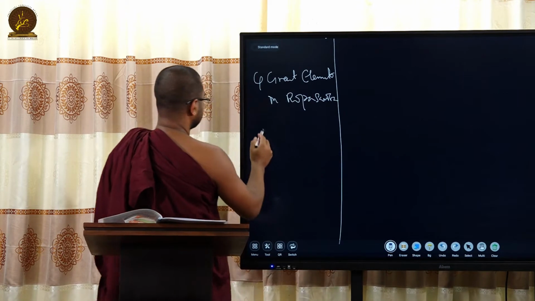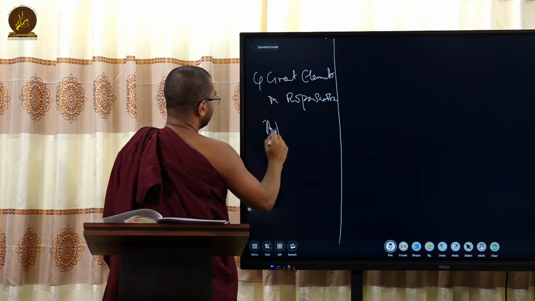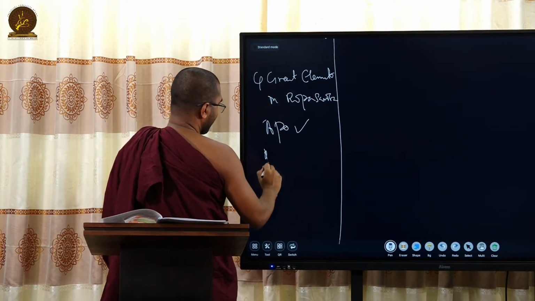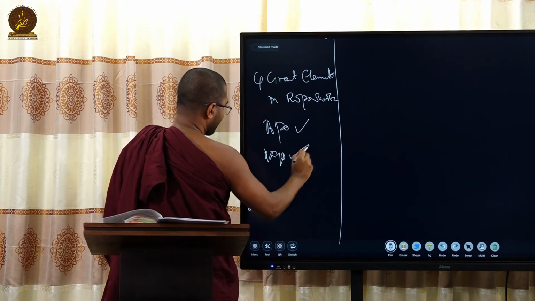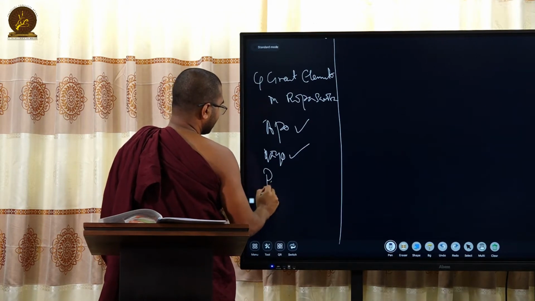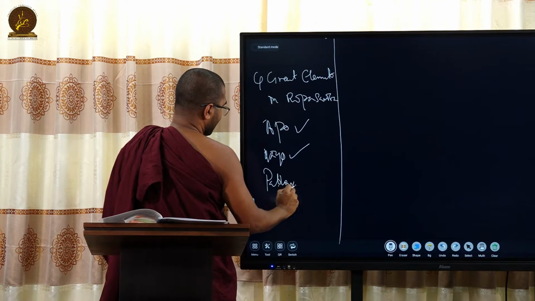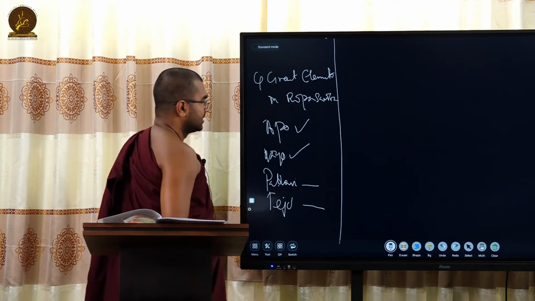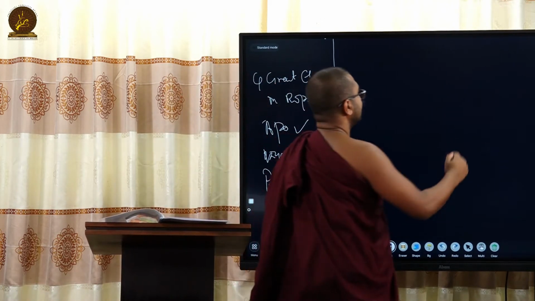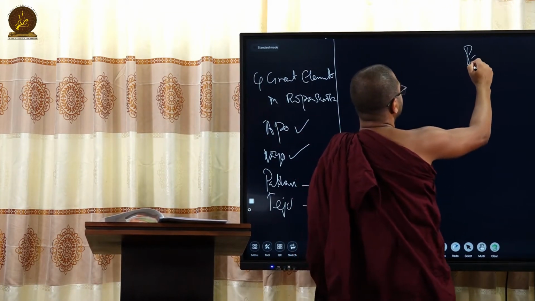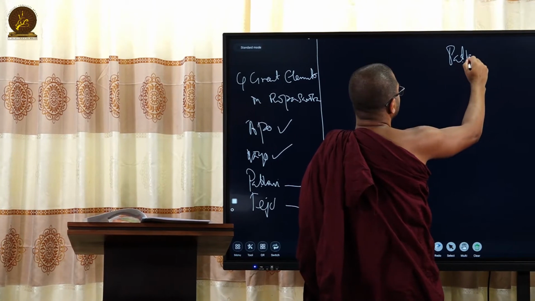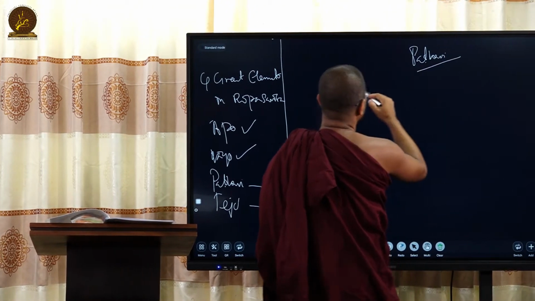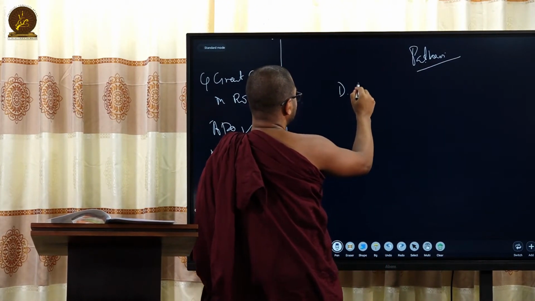So we already discussed Apo and Vayu. Now we have to discuss Patavi and Tejo. So this will be our focus today. We go into Patavi. As for Vayu and Apo, we have two types of Patavi.